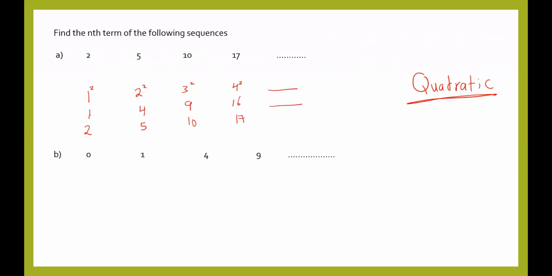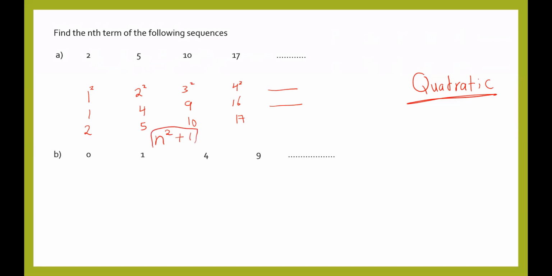So 1 squared is 1, then we add 1, it will be 2. We squared the 2, which is 4, then we added 1. We squared the 3, which is 9, then we added 1. We squared the 4, which is 16, then we added 1. So you have the number n, you square it first, then you add 1.